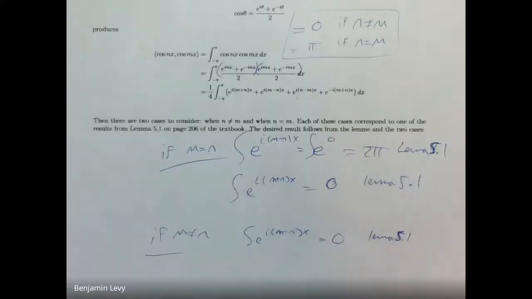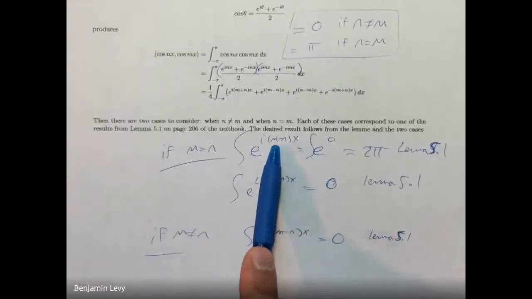Yeah, it's supposed to be pi, but it would be e to the ix, and then, no, it would be, if m equals n, you're talking about the m equals n case? Yeah. Then this is going to end up being a 0.